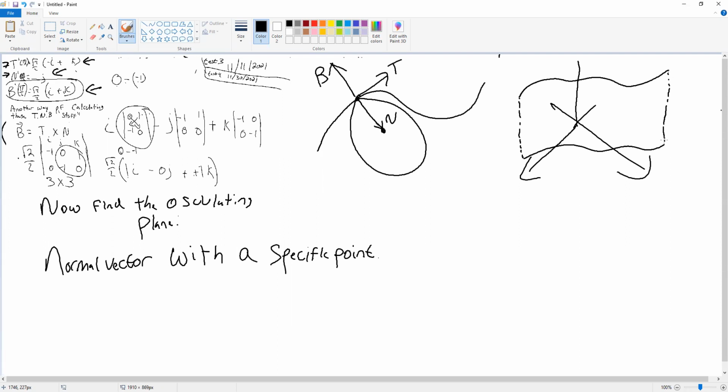So if we are looking at a specific point, let's just call this point P. Isn't it safe to say that along this line, there's another point, which we can call P prime?